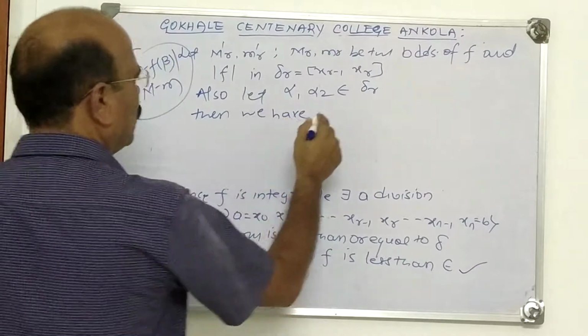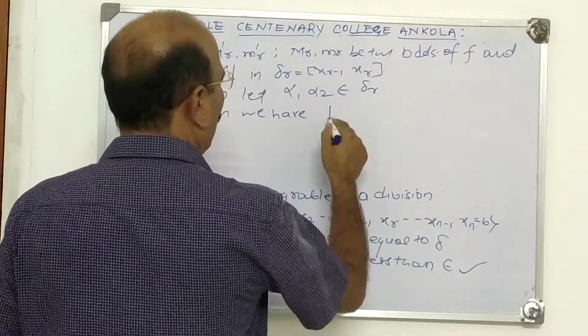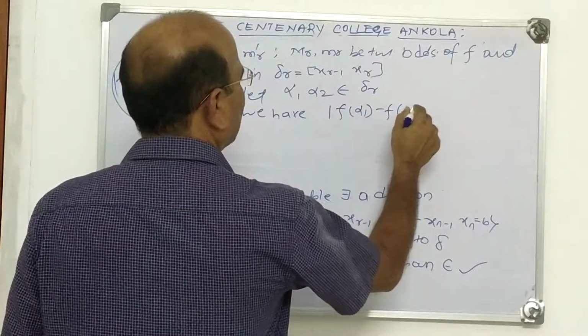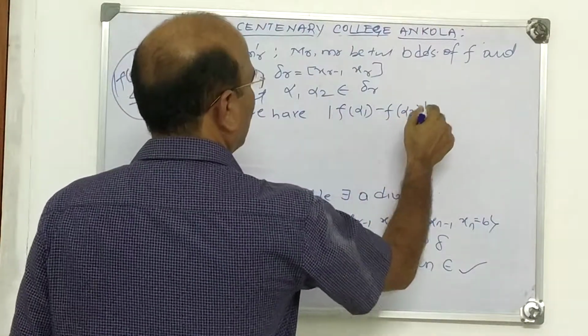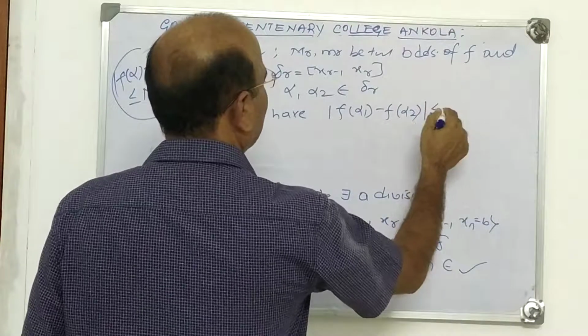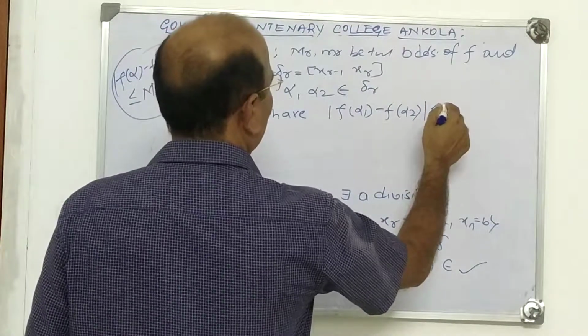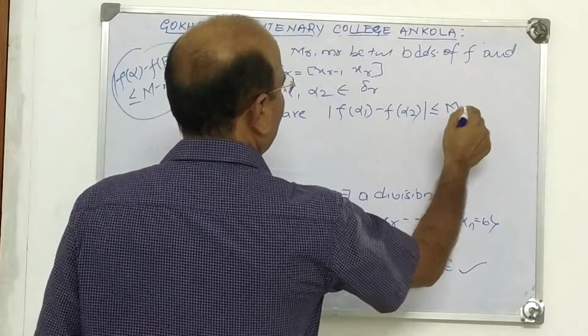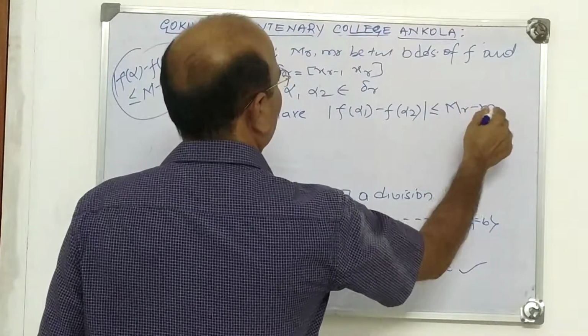Therefore, we have mod f of alpha 1 minus f of alpha 2 less than or equal to Mr minus mr.